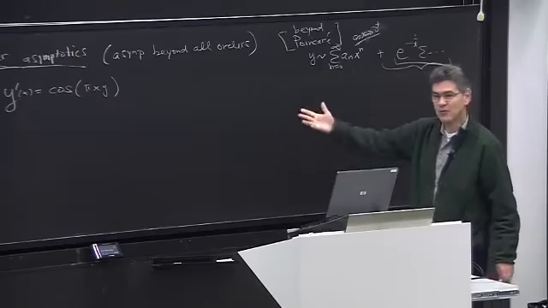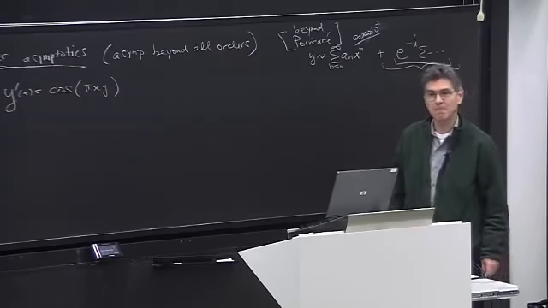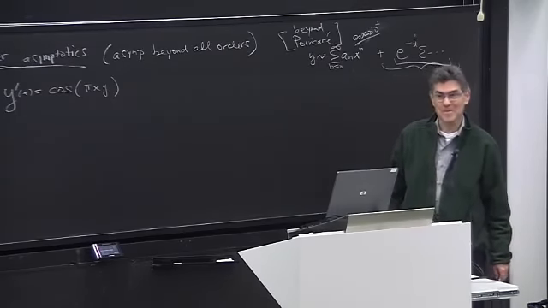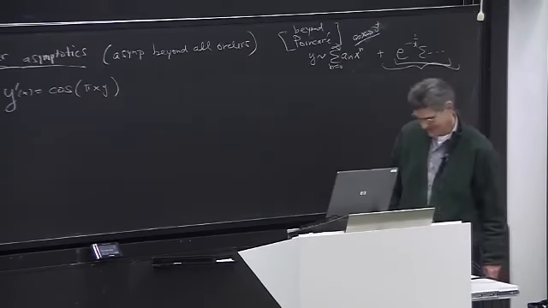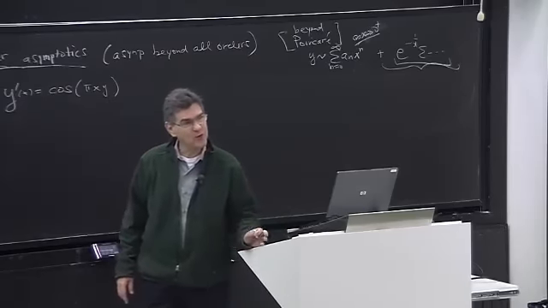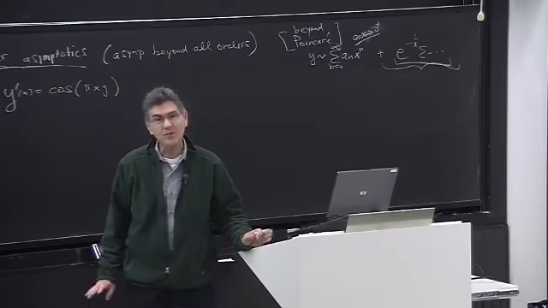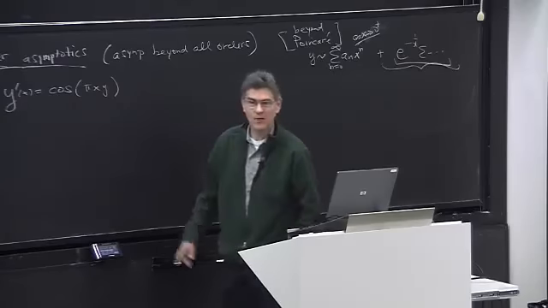This is a first-order equation. How do you solve it? Forget it. You can't solve it. This is much too hard to solve. Differential equations, in general, cannot be solved. Even first-order differential equations, if they're nonlinear, you can't solve that equation.